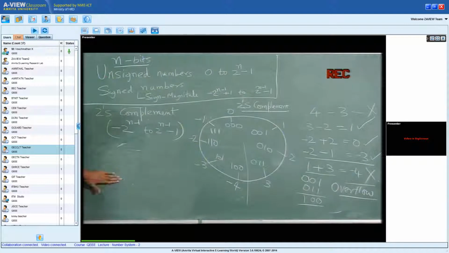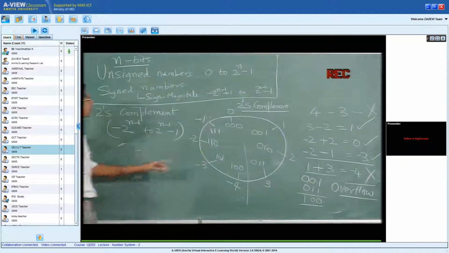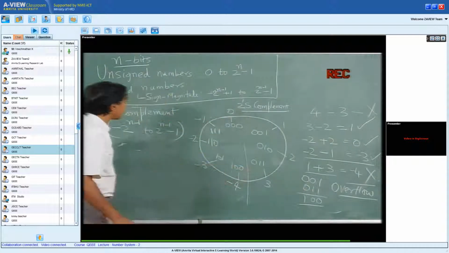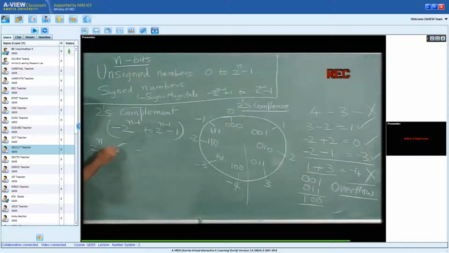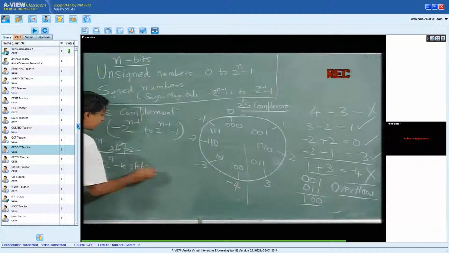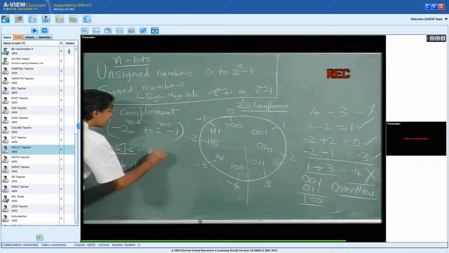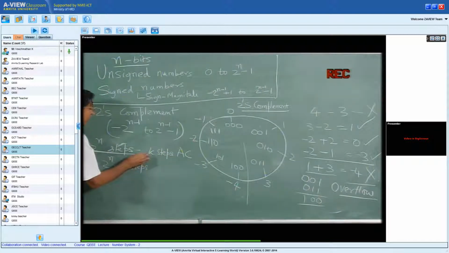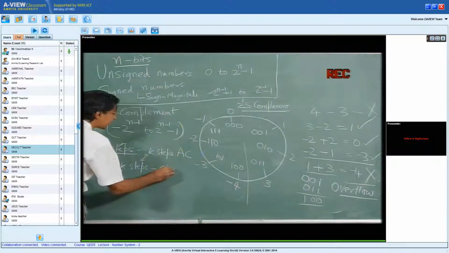Why is this called 2's complement? Please understand that the cycle has how many steps? 2 power n steps. And I said instead of moving k steps clockwise, I would like to move 2 power n minus k steps anti-clockwise, and instead of moving k steps anti-clockwise, I can move 2 power n minus k steps clockwise.